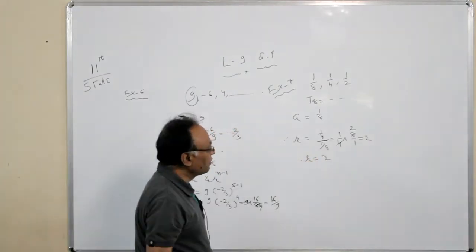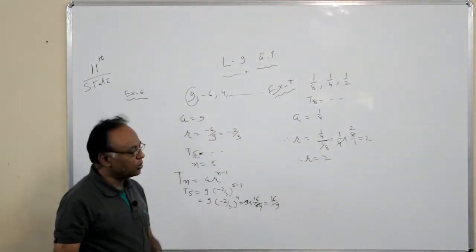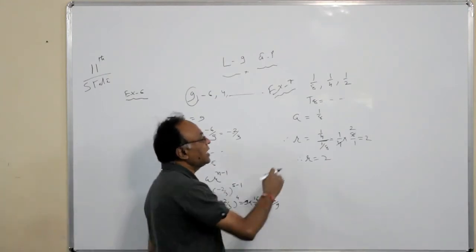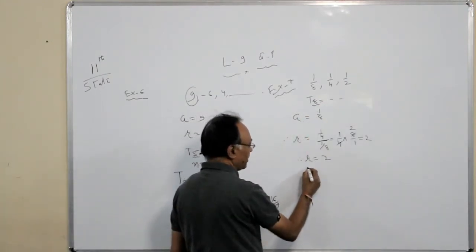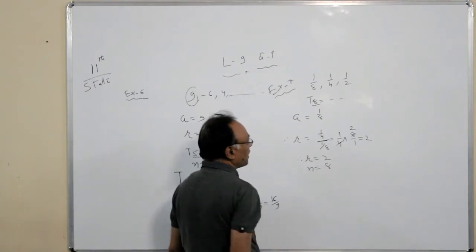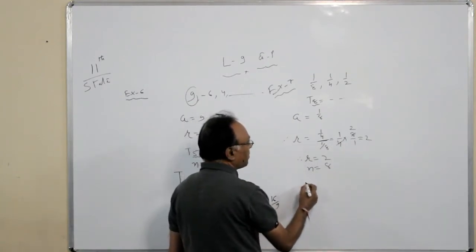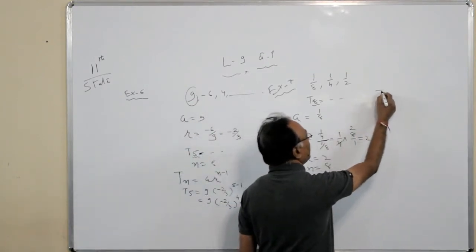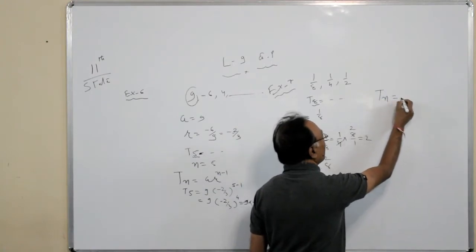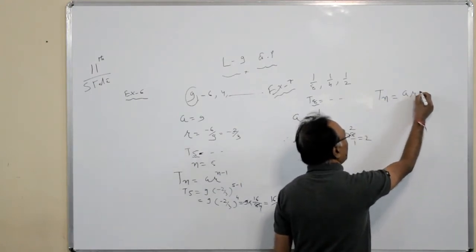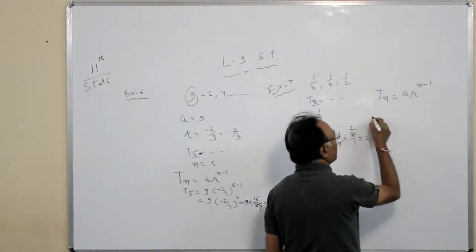A is equal to 1 upon 8, R is equal to 2, and N is equal to 8. We want to find out T8. Apply the formula: Tn is equal to A R raised to n minus 1.